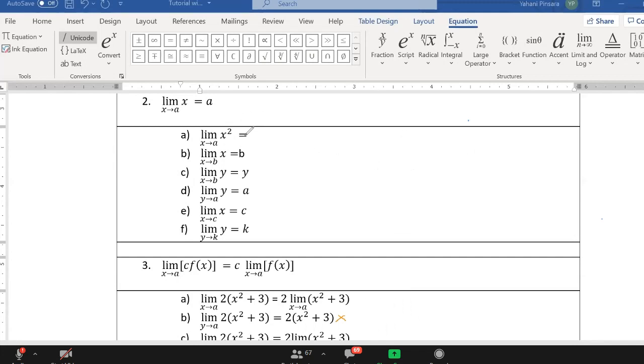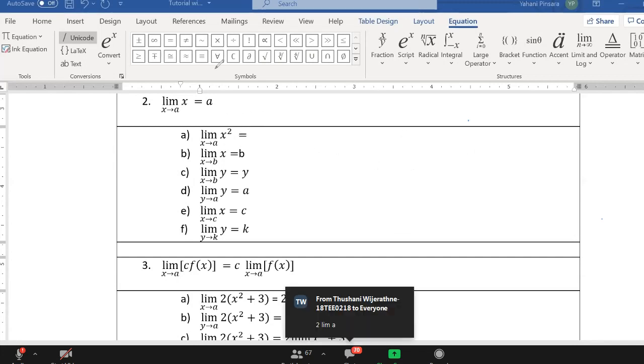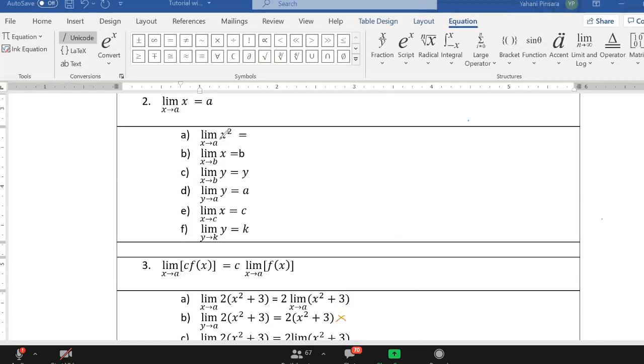So here what happens is, thank you for asking questions actually. I really appreciate that. Here you have x to the power 2, right? And here you have x, right?